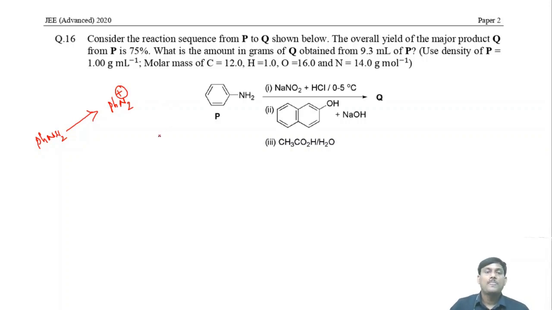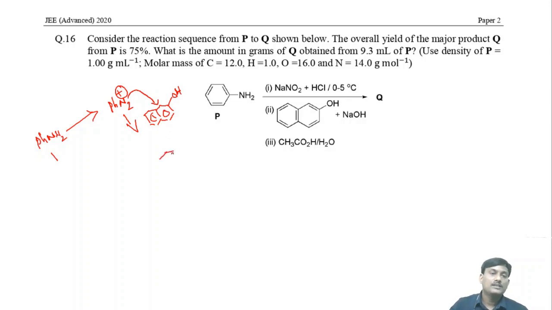If you take 1 mole, there is a formation of 1 mole of PhN2+. When it is reacted with this molecule beta naphthol, there is an electrophilic substitution reaction at this position.